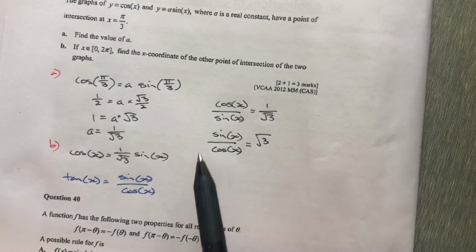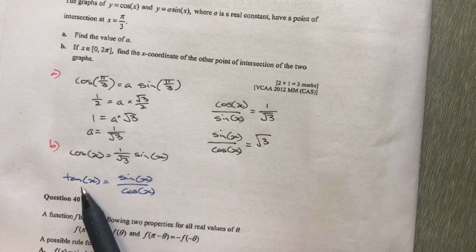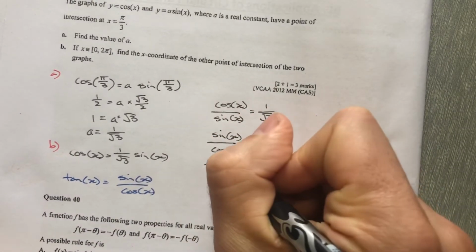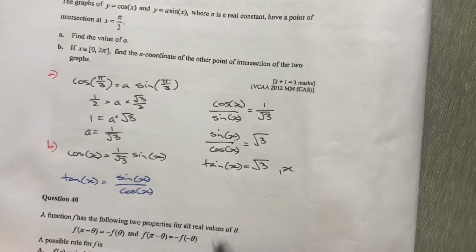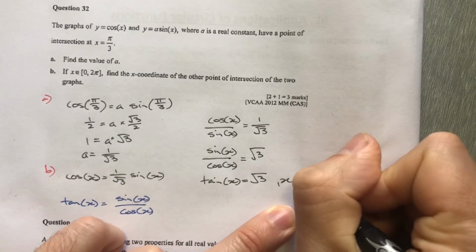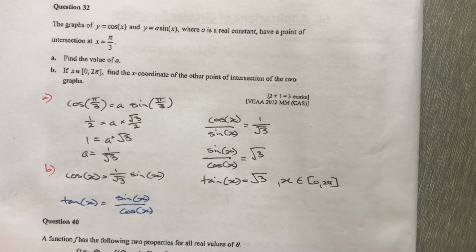Now look at this. We've got sine on cos is equal to tan. So we have tan x equals root 3, and we're solving that over the domain we were told at the start, which is from 0 to 2 pi. Awesome.